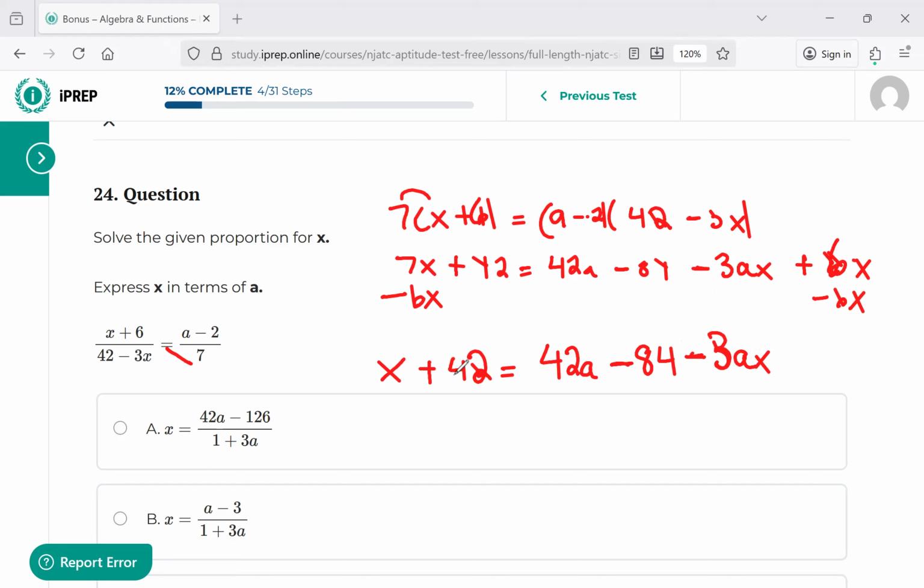Now what I will do next is get rid of this 42, move it to the right because it doesn't have an x, and move this negative 3ax to the left because it has an x.